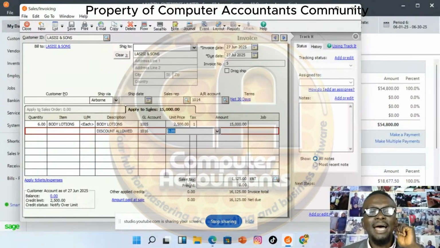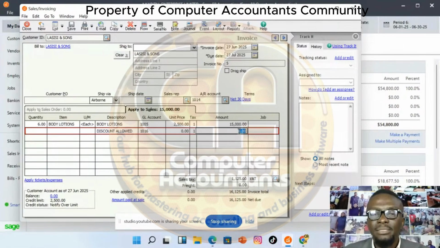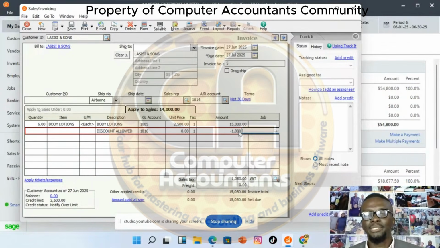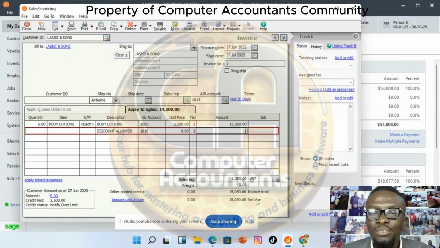Mr. Lasisi is benefiting while we are losing. Then say minus 1,000. Did you see? Let me do it again. The total amount initially was 16,125, right? We are giving him a discount of minus 1,000. Now what do we have?